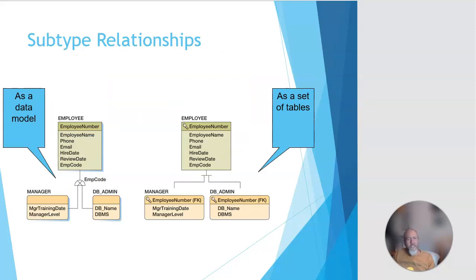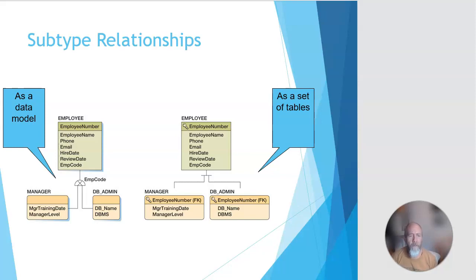Now, in the case of subtype relationships, another great specific situation. Remember, we talked way back when that you had this concept of employee, but there were different types of employees. So you had the ability to put all of that information that was different between managers and DB admins into the employee table.